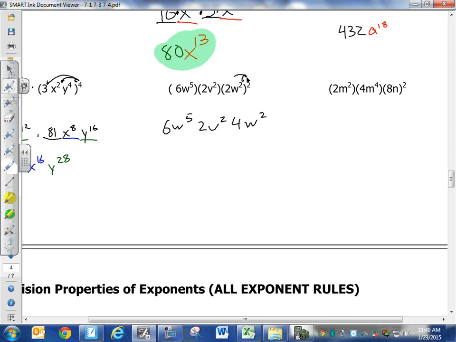Yes. What's up? That's right. Ask me a question. Ready? This is 6w to the 5th, 2v squared, 4w squared, which can be simplified.